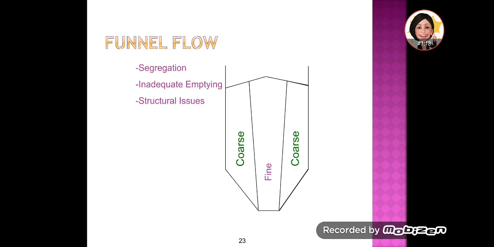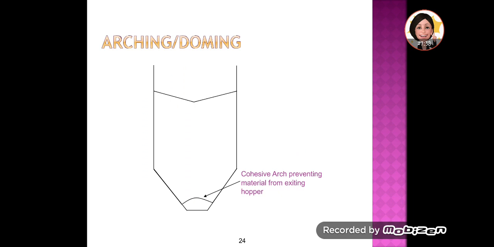Then funnel flow. In funnel flow, segregation can happen. If we put in a mixed powder, the coarser ones will build up and the finer ones may flow down. Arching and doming, which is what we studied just now. We can have arching, especially when the powders are very fine.